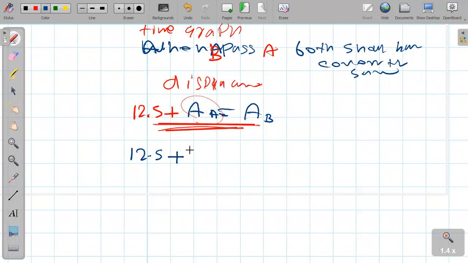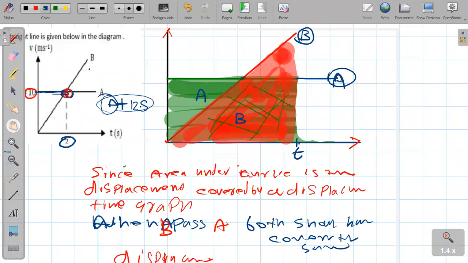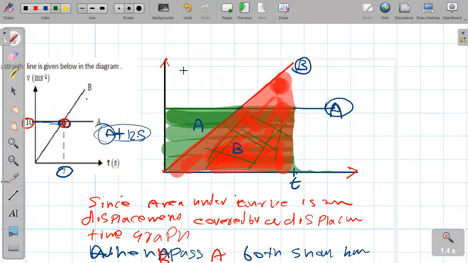So 10 times time. Leave it like that. Sorry, equals to the height is the factor we don't know. This height might be something, but we don't know.